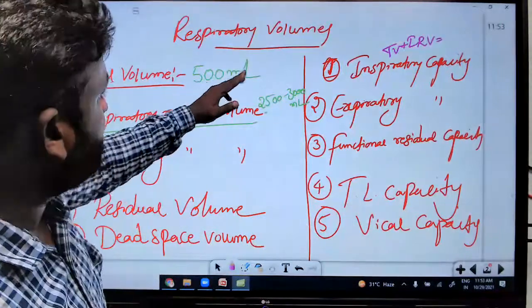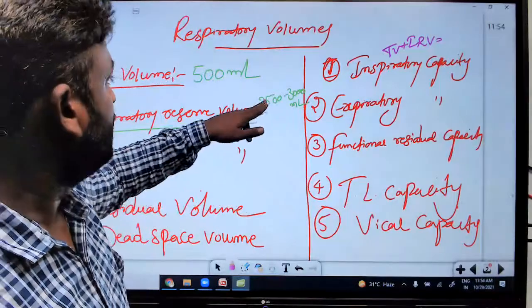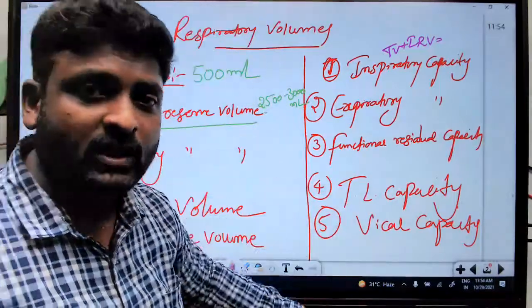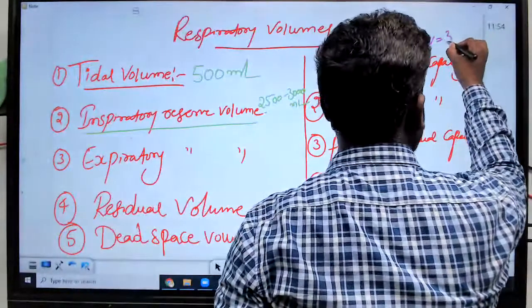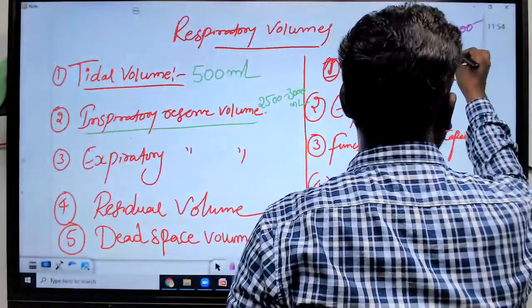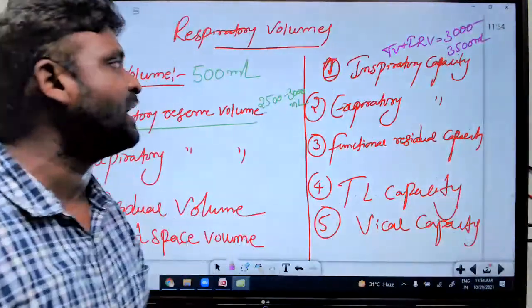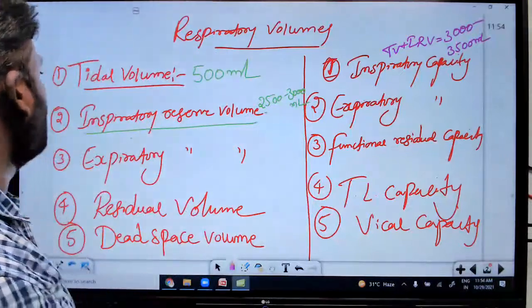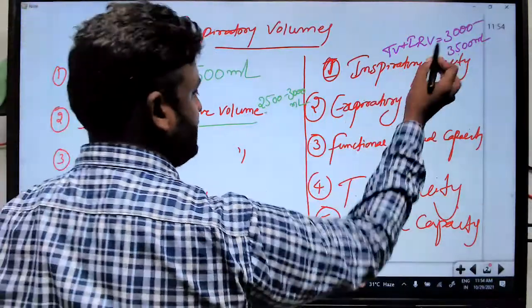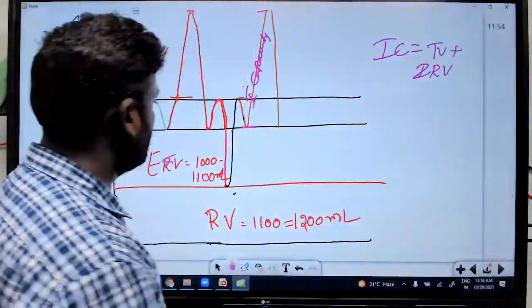And the same thing, 500 plus 3000, so 3500. It means 3000 to 3500 ml is the inspiratory capacity. Got it, all of you? That was good. That's about inspiratory capacity. And next one.